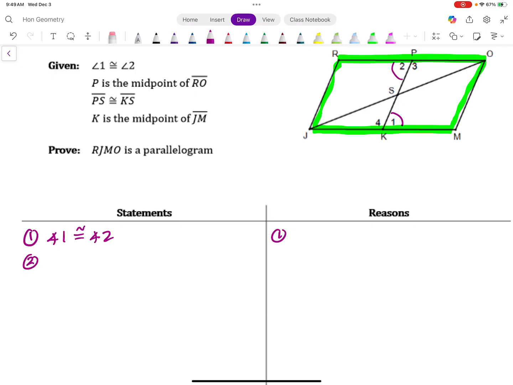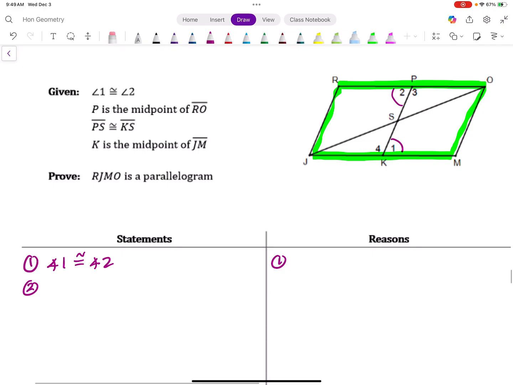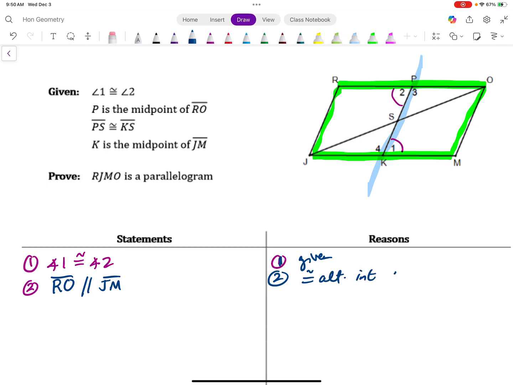If angle 1 and 2 are congruent, then there's my transversal. Those are alternate interior angles. So now I know that RO is parallel to JM. Oh, I forgot the reason right there, because congruent alternate interior angles imply that you got a set of parallel lines, okay?